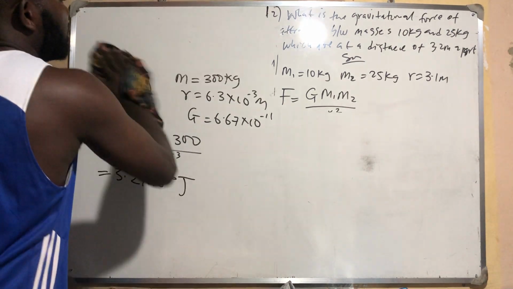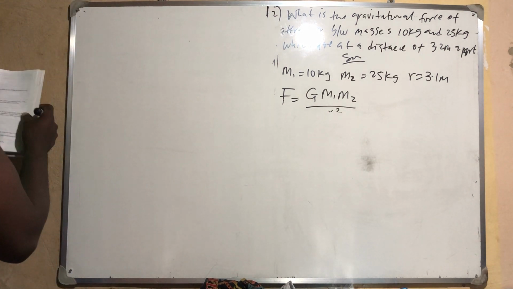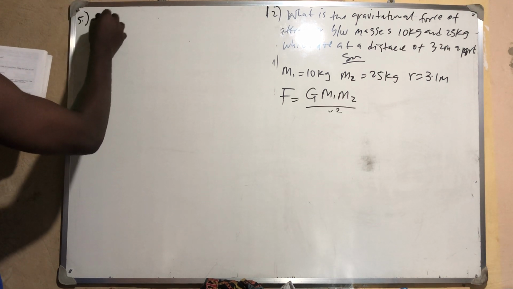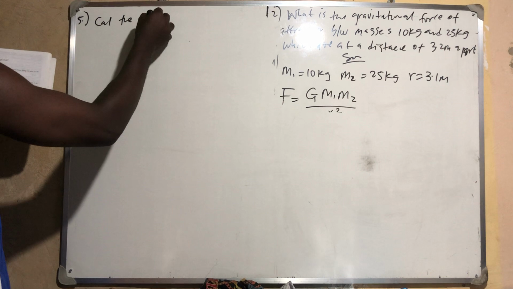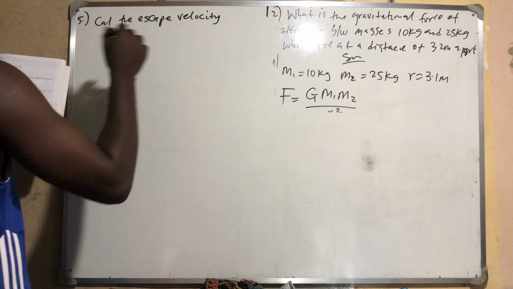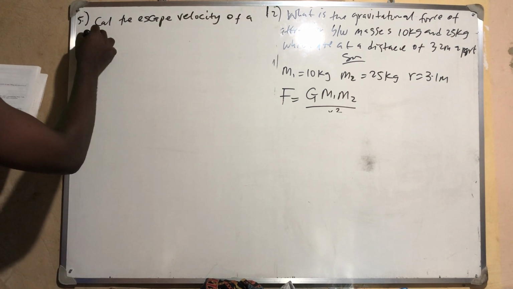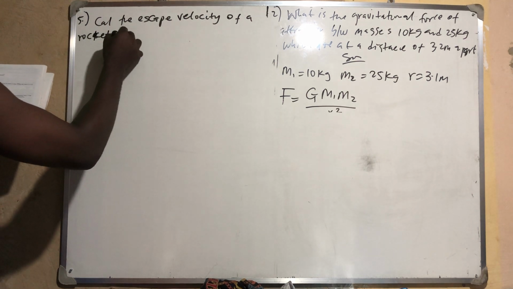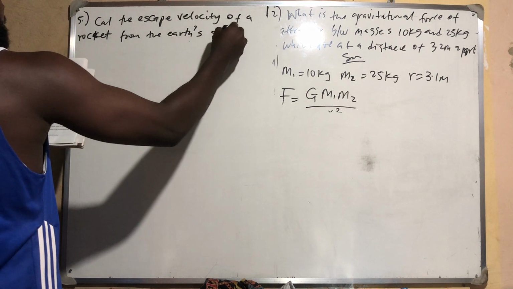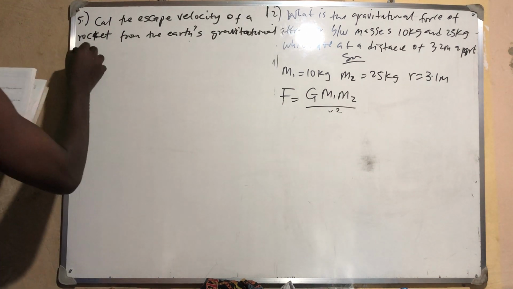Okay, so the next question, question number 5, calculate the escape velocity of a rocket from the Earth's gravitational field.